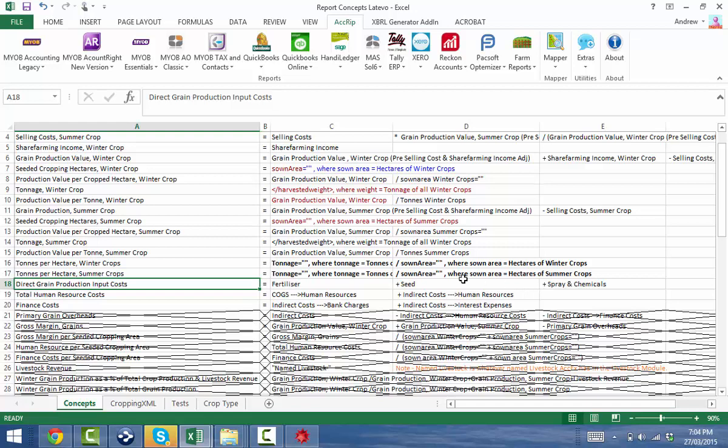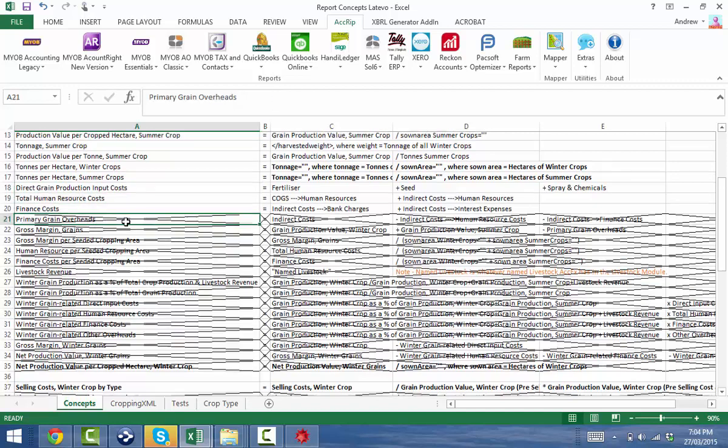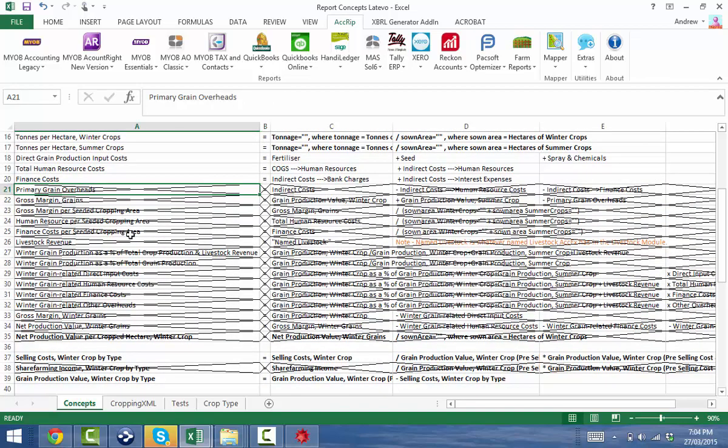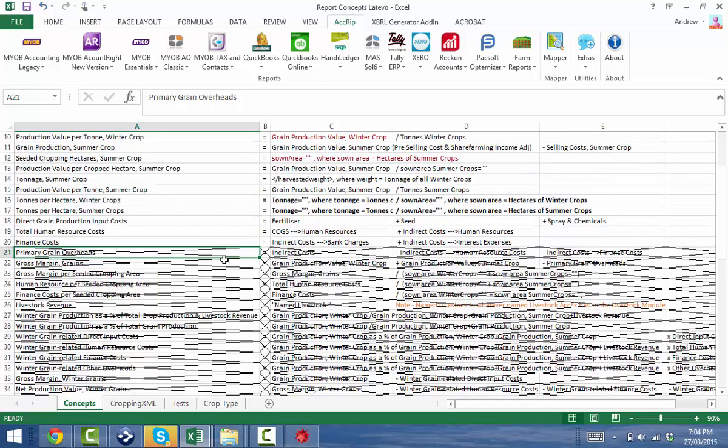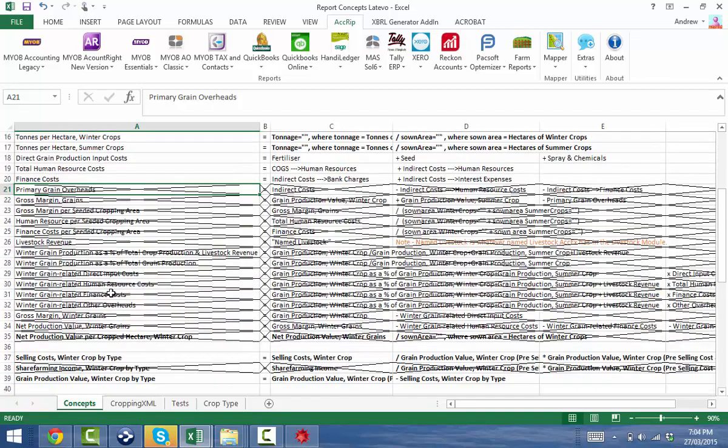It seems that with their direct costs, we're going to do away with these, so don't delete your formulas, keep them. But at this stage, after speaking to the guys from Bird Cameron who specialise in farms, all of this stuff down here hasn't got enough meaning because we don't have enough specific information on the different costs, and there's not really any relationship with being able to break out human resource costs against the crops.